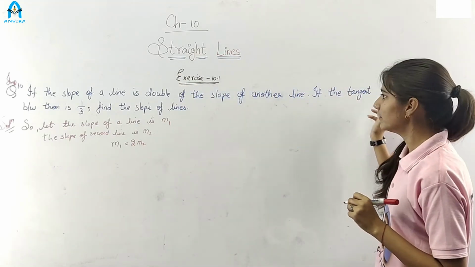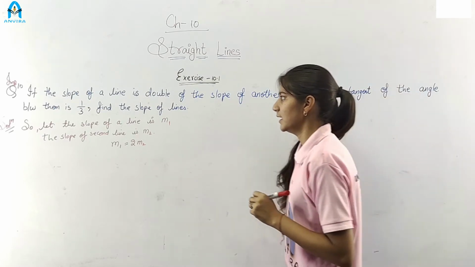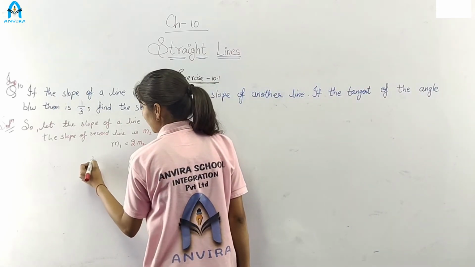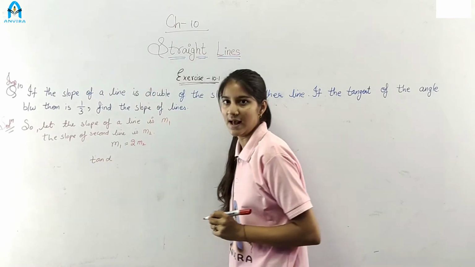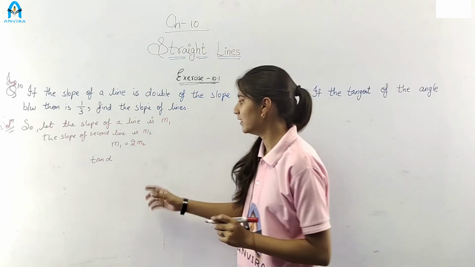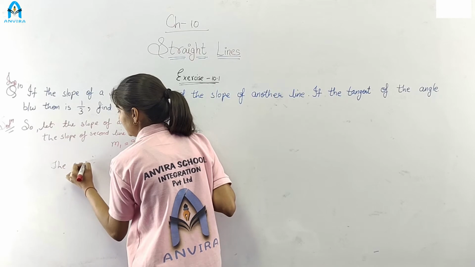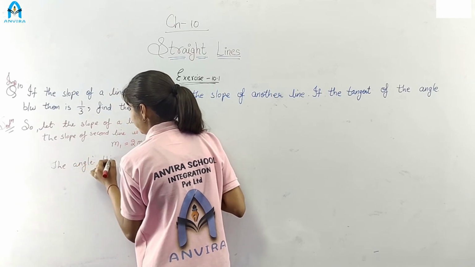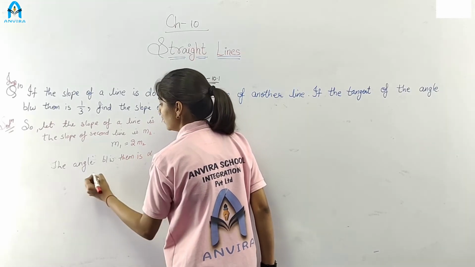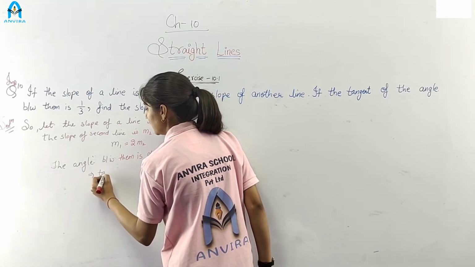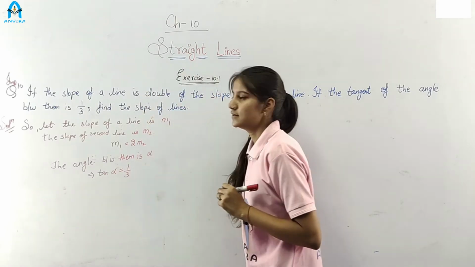If the tangent of the angle between them is 1 by 3, let the angle between them be alpha. This gives us, it is given that tan alpha is equal to 1 by 3.